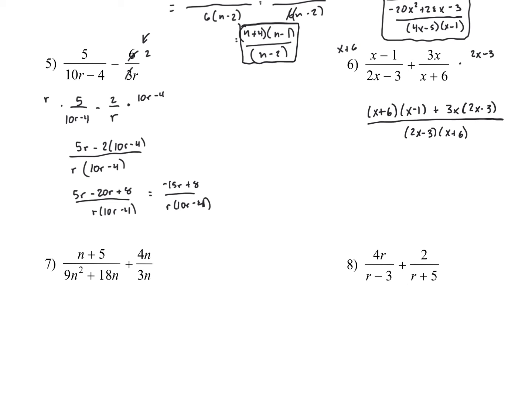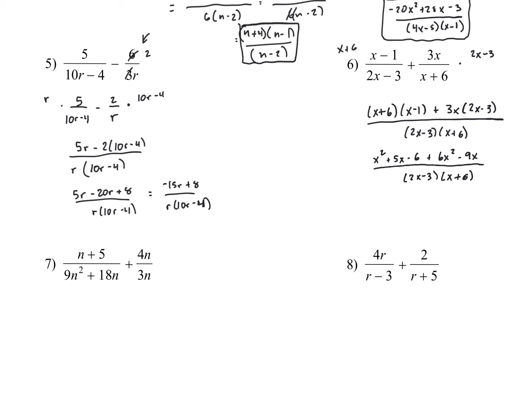Okay, now I'm going to factor the first one and then distribute my second term. So this first one is going to be x squared plus 5x minus 6 plus 6x squared minus 9x all over 2x minus 3, x plus 6.